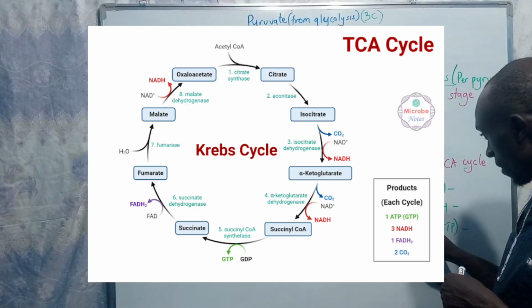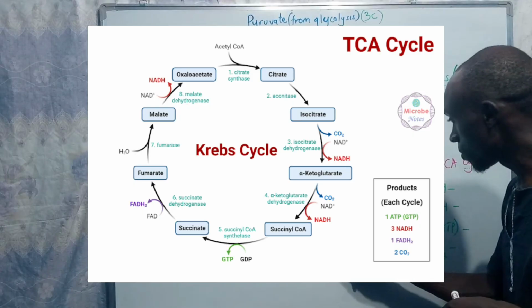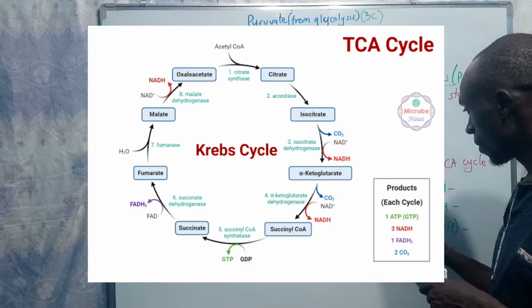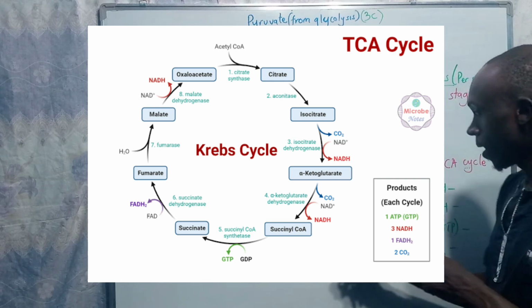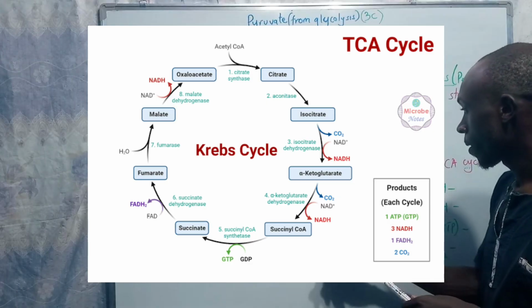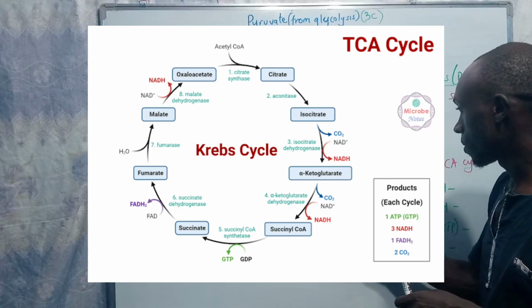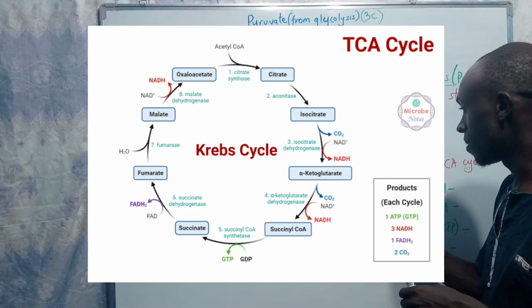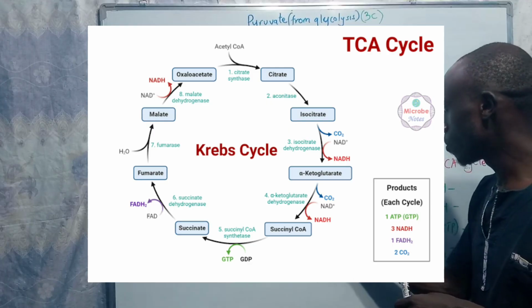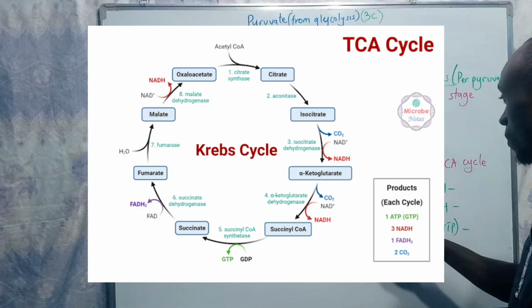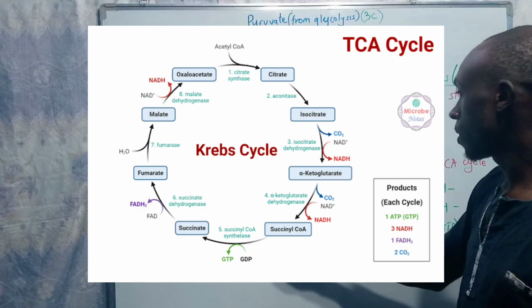After losing a single molecule of carbon dioxide, we expect the number of carbon atoms to reduce from 5 to 4. We still have oxidation taking place, whereby oxidized NAD picks up a hydrogen to form reduced NAD, so that you have oxidation of alpha-ketoglutarate to succinyl coenzyme A.